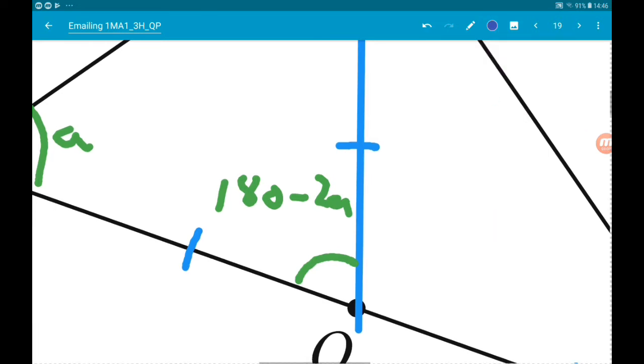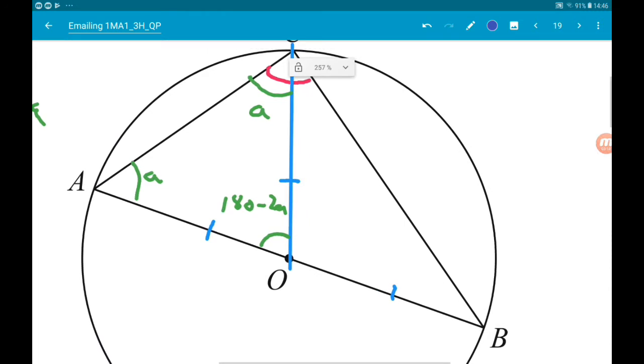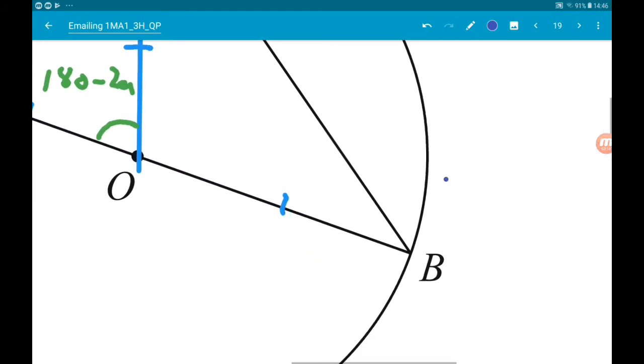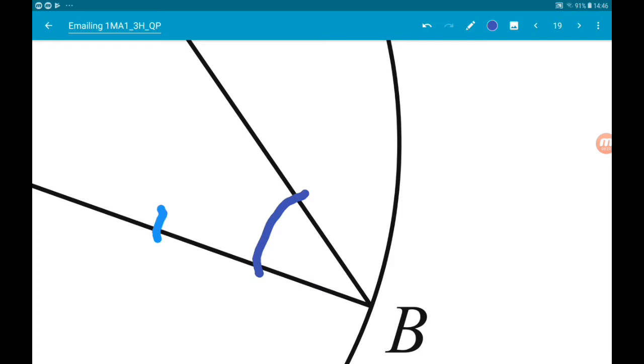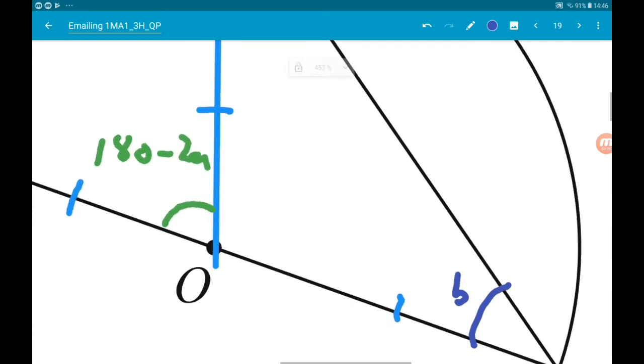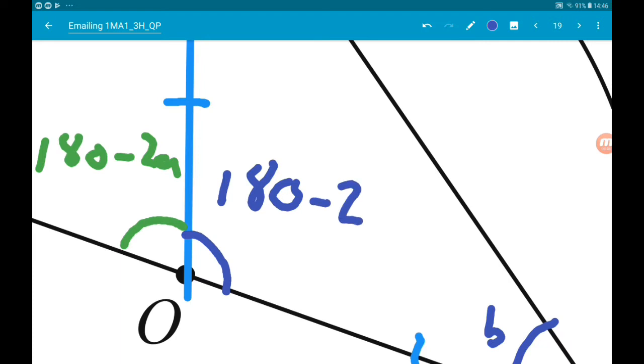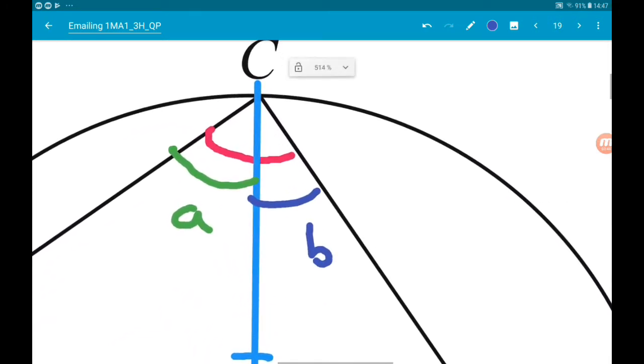Now we do something very similar in the other one. This time we're going to call the angles B. Now, using the exact same logic here, we can say this angle is 180 minus 2B. Now, let's go to the angle that we're interested in.